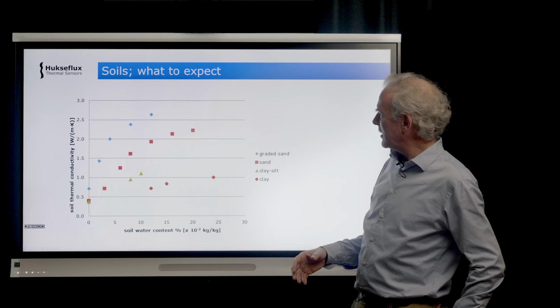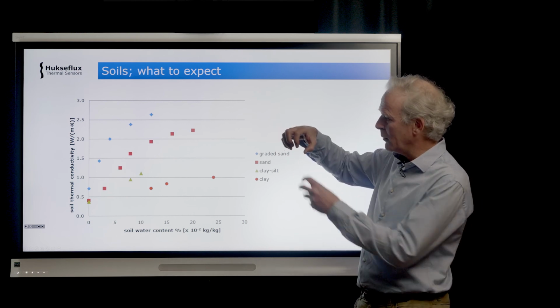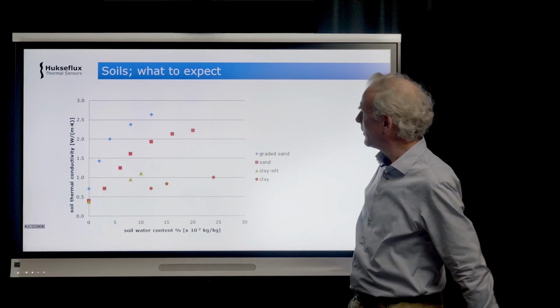Graded sand means that you have large particles of sand, but in between there are small particles of sand.